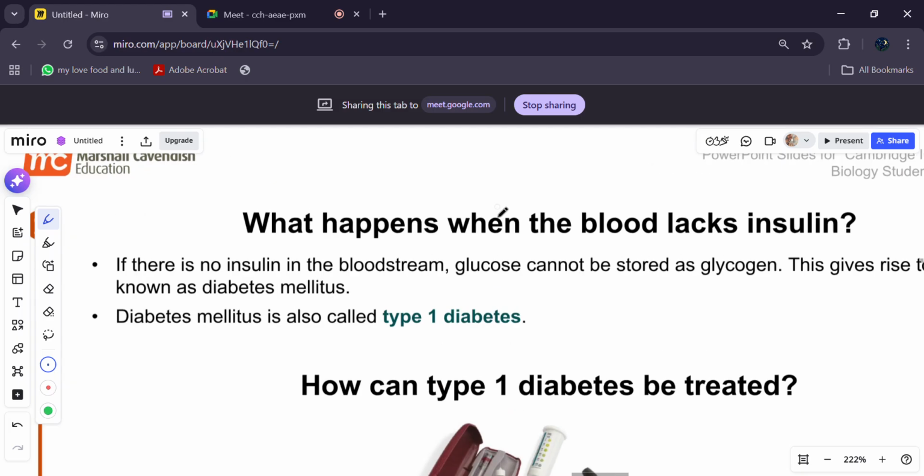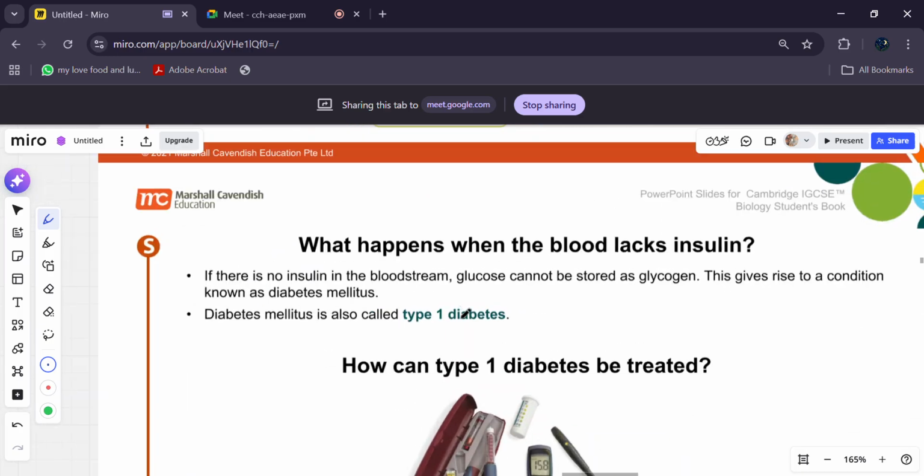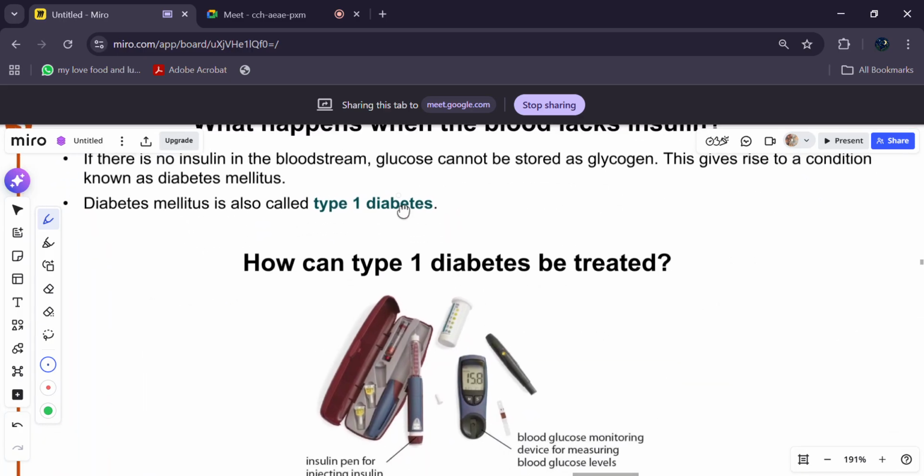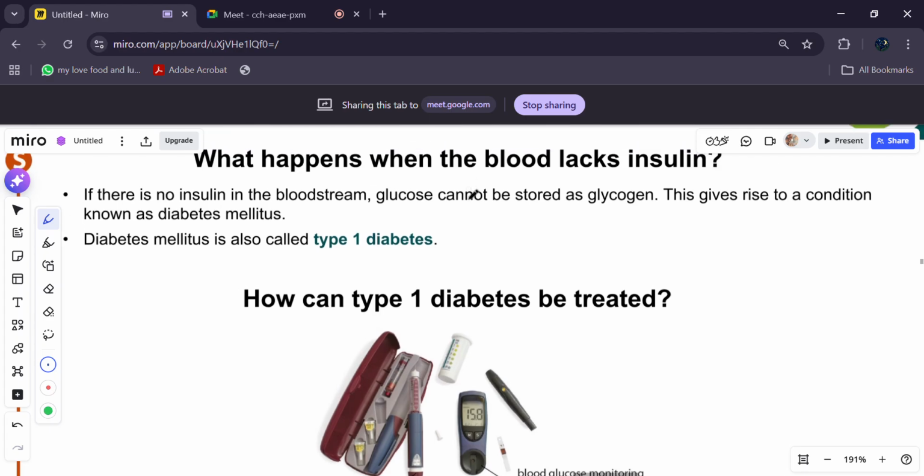Now, what happens when the blood lacks insulin? Basically, diabetes. Diabetes has two types, type 1 diabetes and type 2 diabetes. When there's too much sugar in our blood, insulin has the role of reducing this amount of sugar.